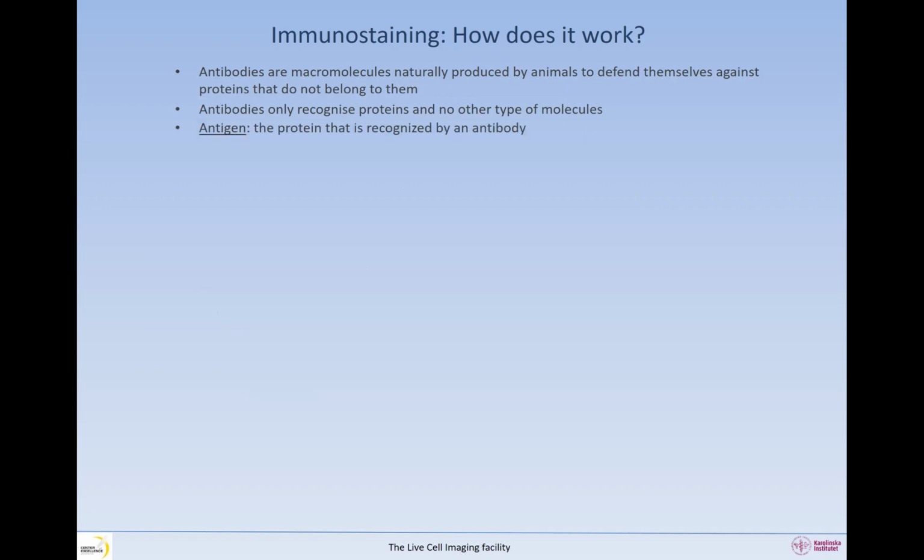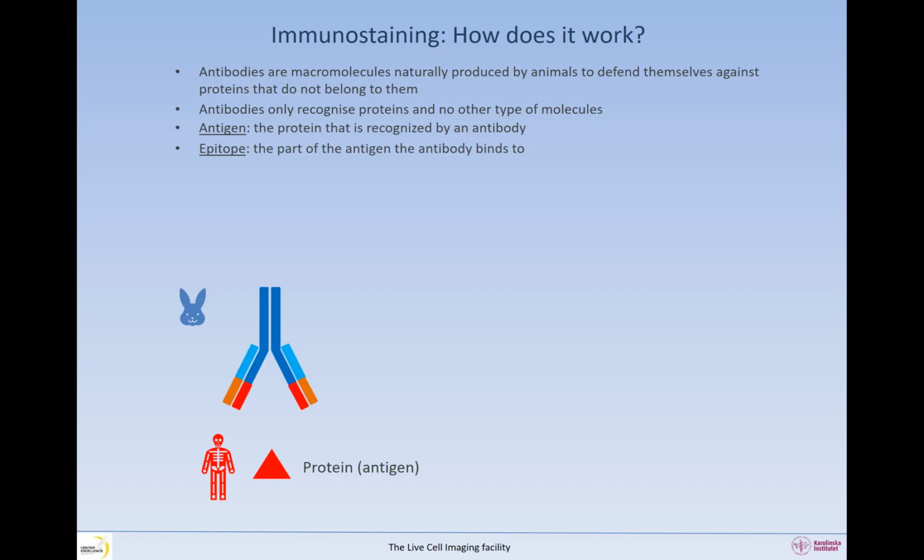The protein that is recognized by an antibody is called antigen, and the part of the antigen that the antibody binds to is the epitope. So let's say here is a protein coming from a red human. When this purified protein is injected into a blue rabbit, the rabbit immune system will respond and produce antibodies against this exogenous antigen. This does not belong to it.